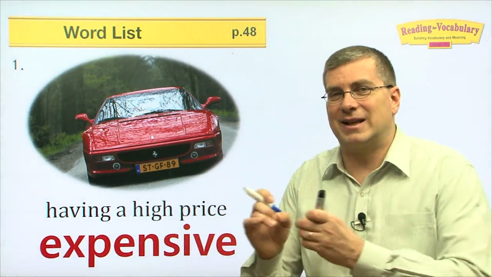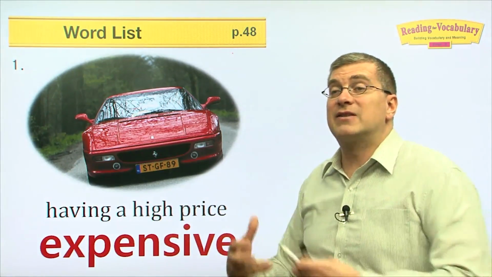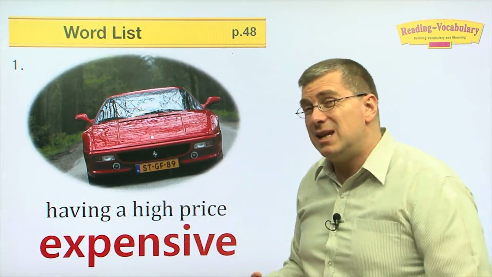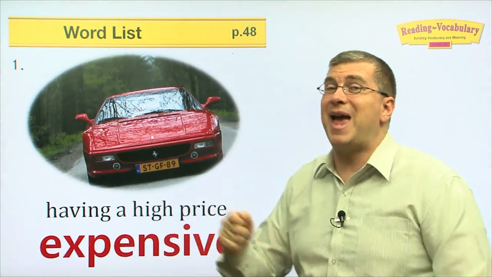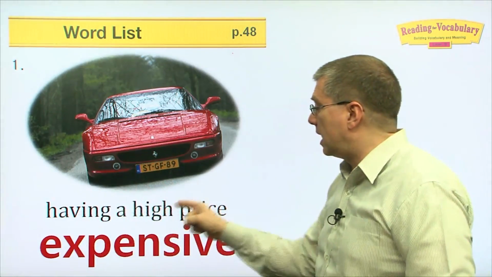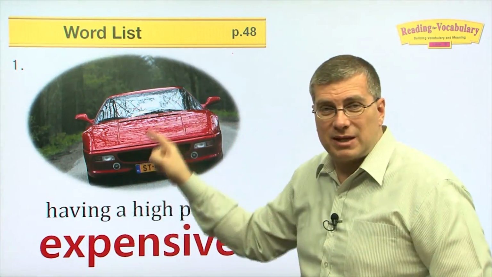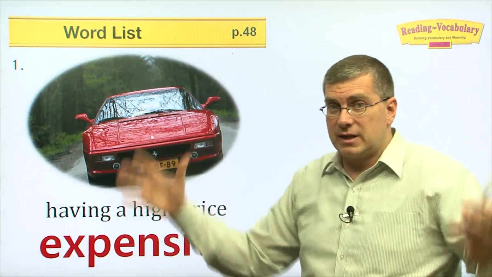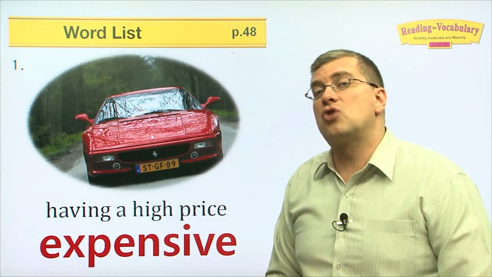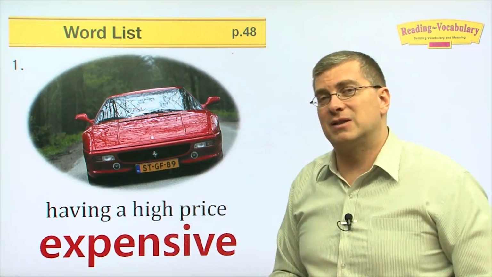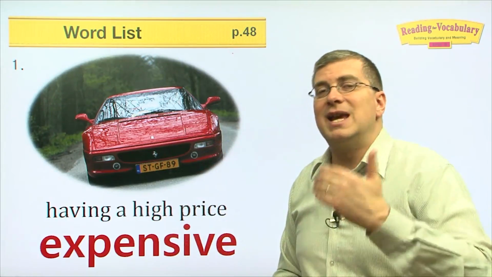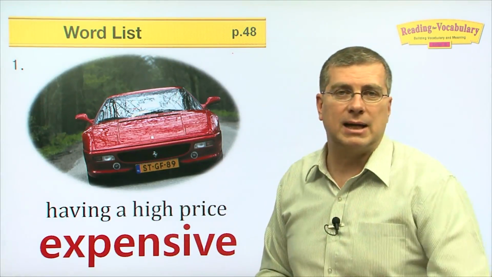It takes a lot of money. You need a lot of money to buy this car or to pay for this car. Having a high price. Cars can be expensive. Buildings can be expensive. Construction projects. If you're building something, that can be expensive too. Expensive means it needs a lot of money.